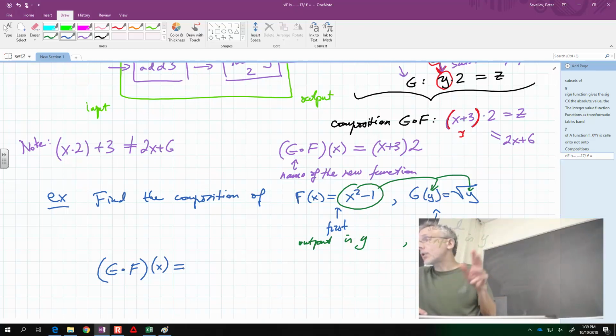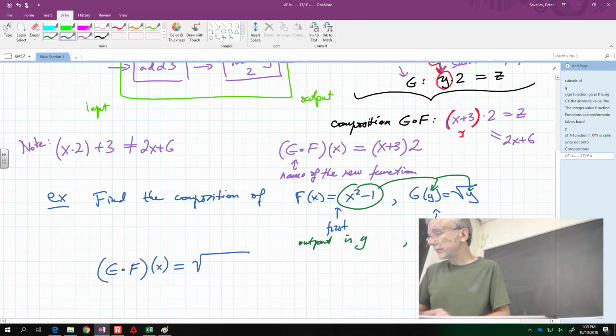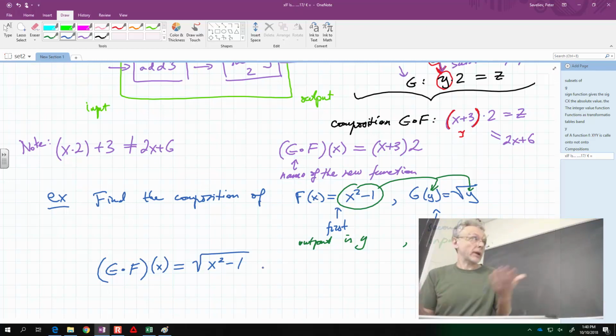I circled it in green. So what's the answer? Square root of x squared minus 1. That's right, and that's the whole thing. As you can see, it's a function of x, and there is no y. You have to eliminate that extra variable. So it's not really that complicated.